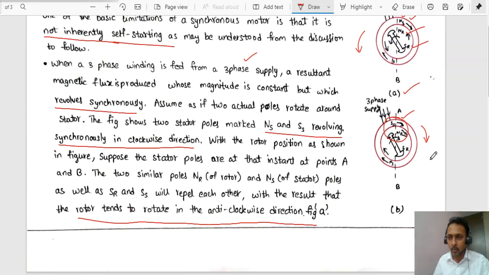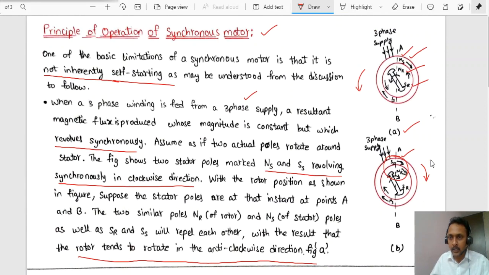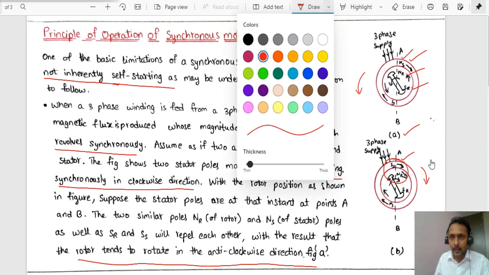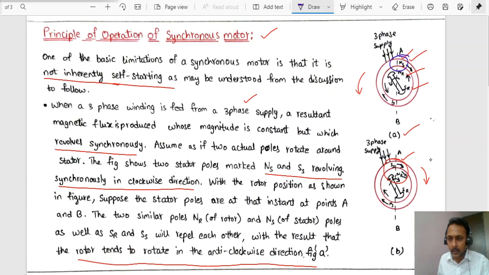Slowly change the position of the stator first. By the time the stator has changed its position, observe here, initially at A, what is there? Initially at A, NS is there, but in the same figure B, at position A, what is there? SS is there. Stator south pole is there.